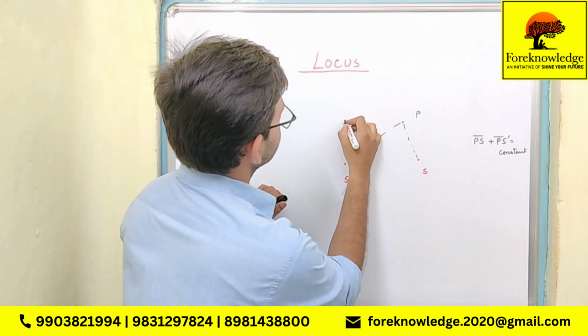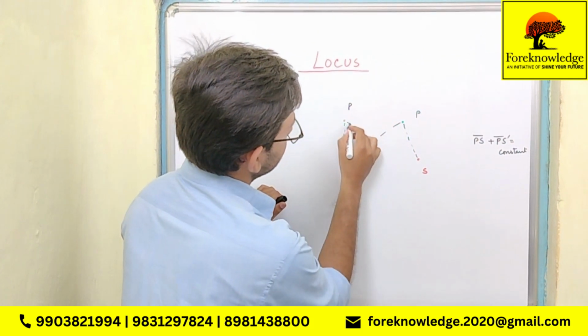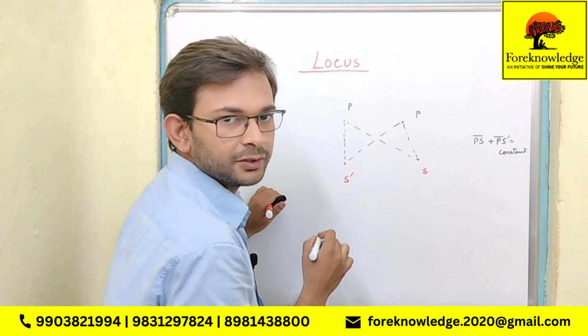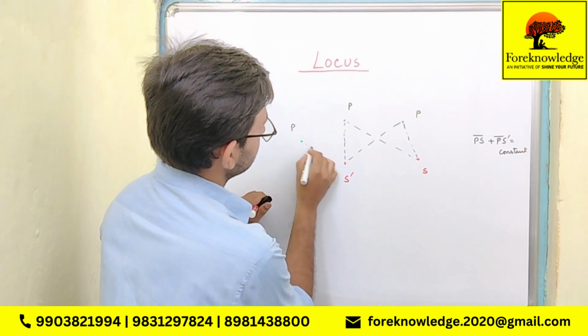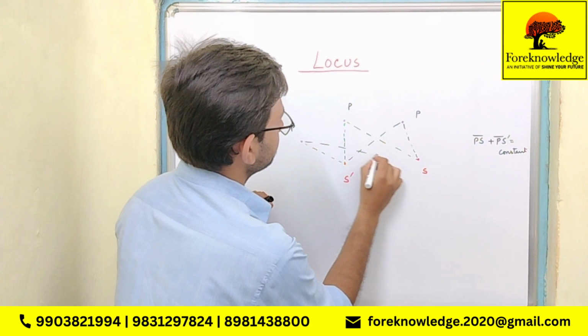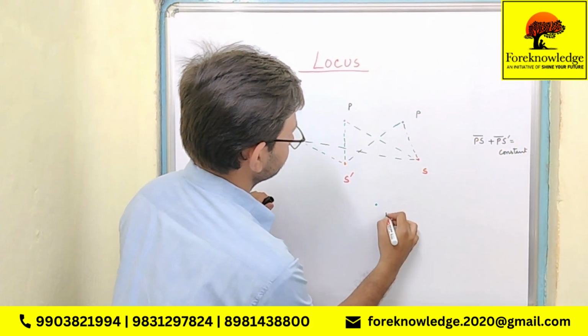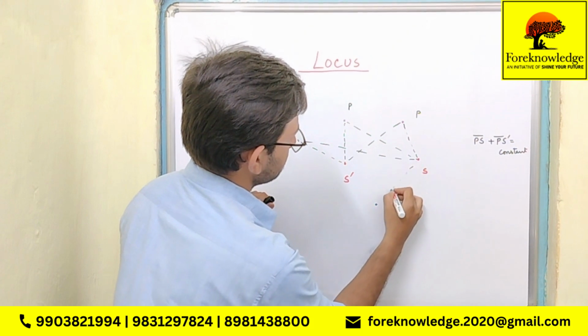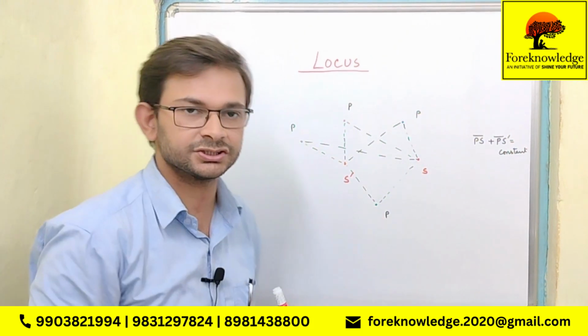Suppose P is here. Again PS and PS dash will be constant. Suppose P is here. Again PS and PS dash will be constant. Suppose P is somewhere around here. Again PS and PS dash will be constant.